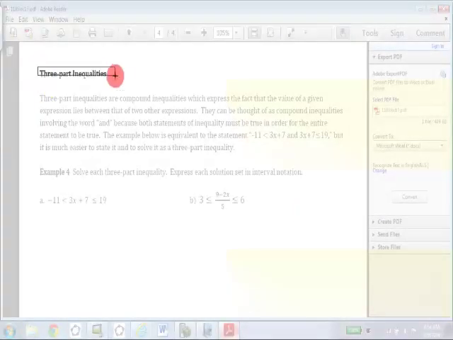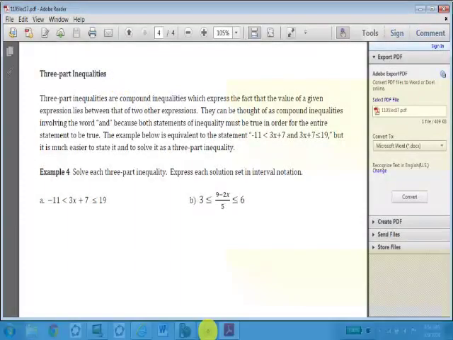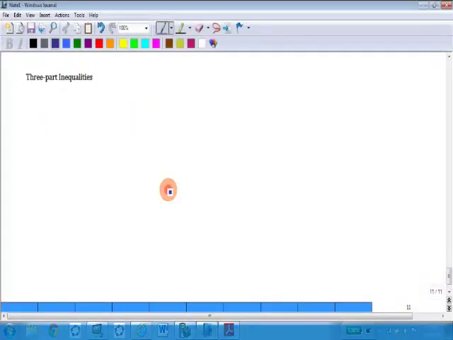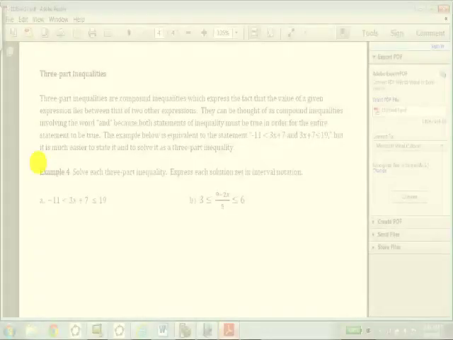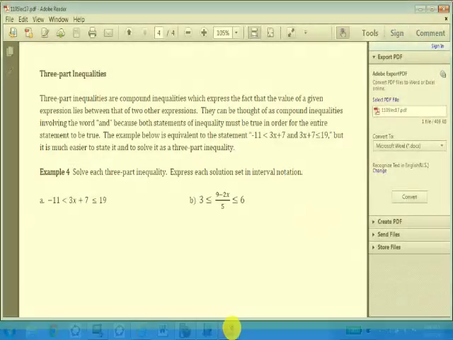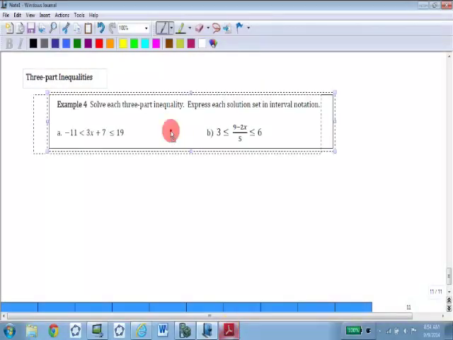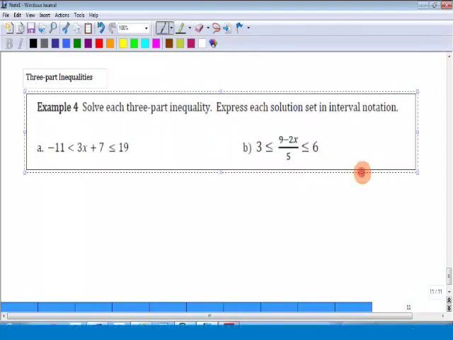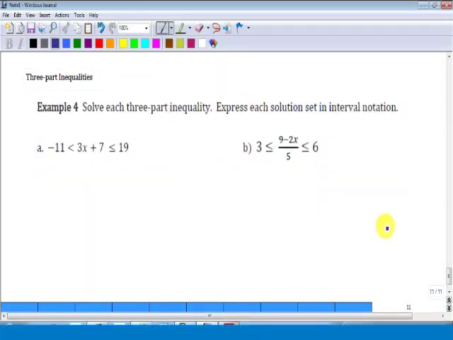Three-part inequalities are special cases of compound inequalities involving the word "and." That's really what's going on.